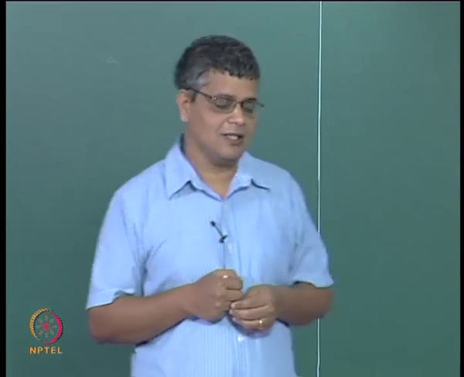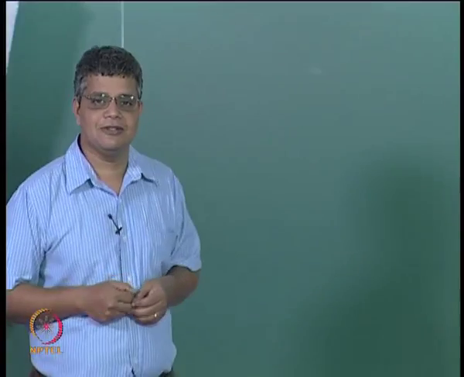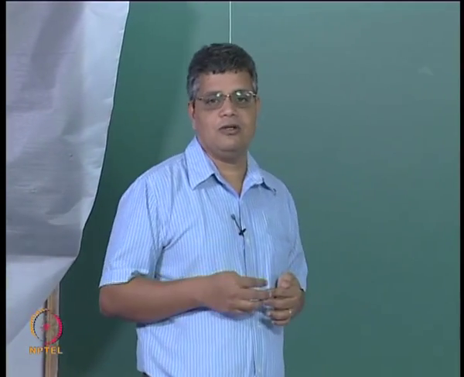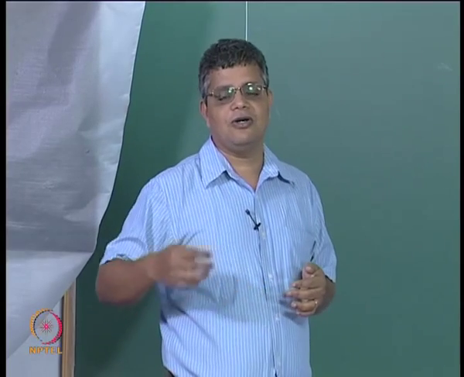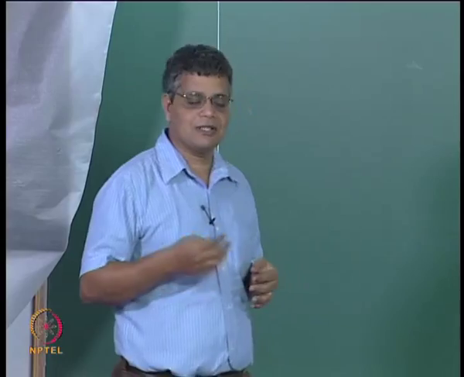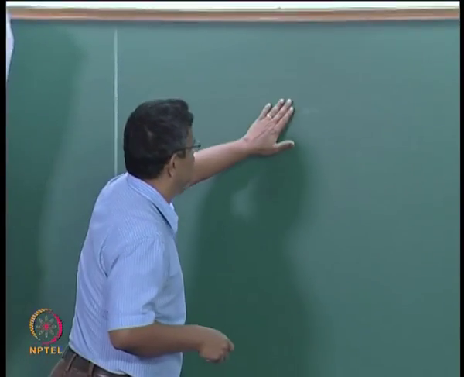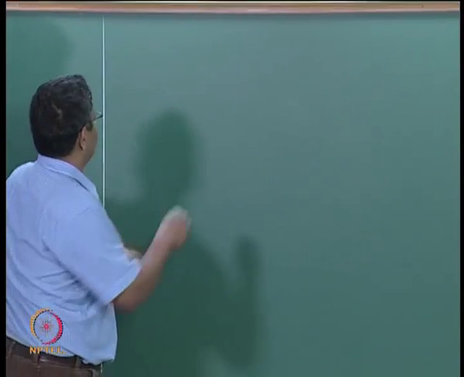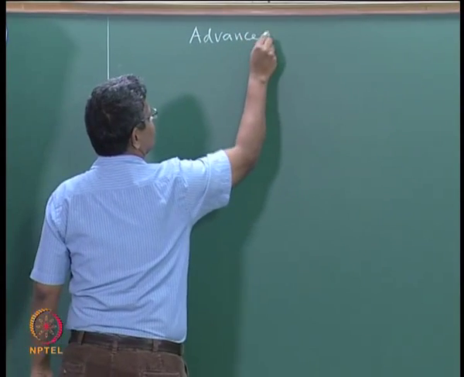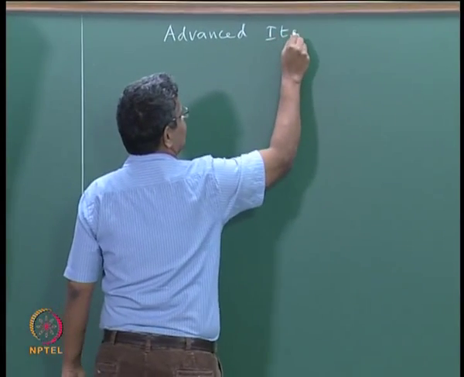We look at this particular case, and we look at other cases which have the same goal in mind, which is to somehow increase the rate of convergence by maybe spending more time per iteration but improving the overall rate of convergence. So we are looking at, say, advanced iterative methods.